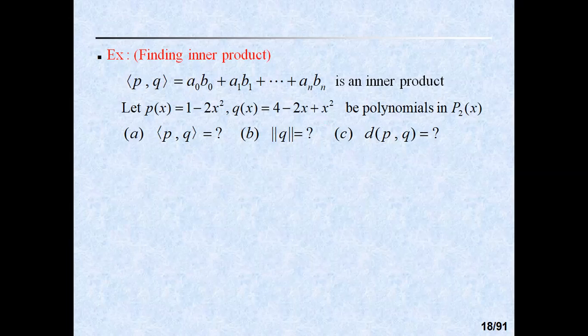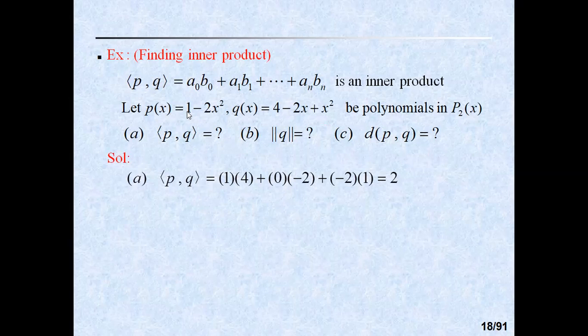First, find the inner product of p comma q. Second, the norm of q. And third, the distance between the two vectors p and q. The inner product of p and q: write the coefficients.